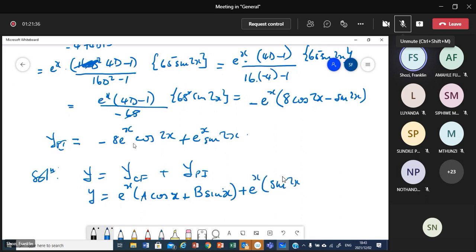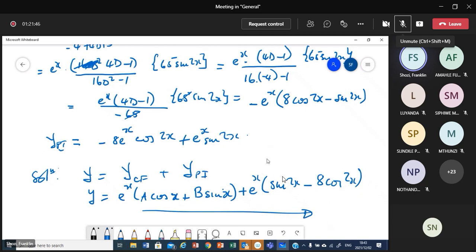I'm combining those, taking out a common factor, minus 8 cos 2x. And this is our answer. And that is your final answer.